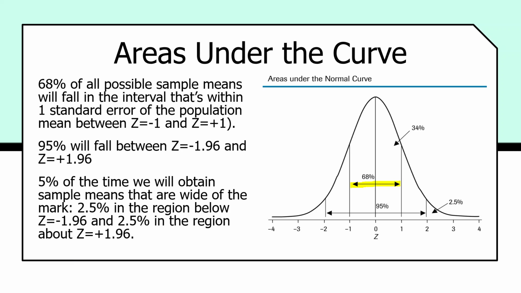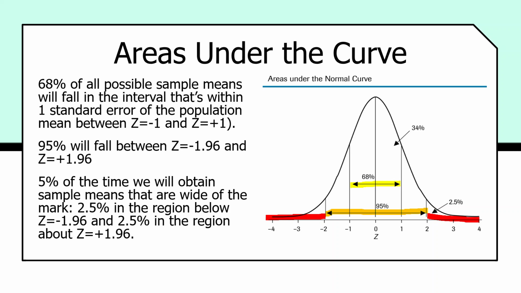And then 95% between -1.96 or -2 by conventional rounding, and plus 1.96 will contain 95%. And then, of course, out here in the tails, beyond those two extreme values, you find 2.5% above 1.96 and 2.5% below -1.96.